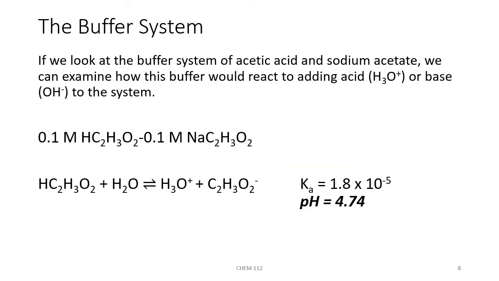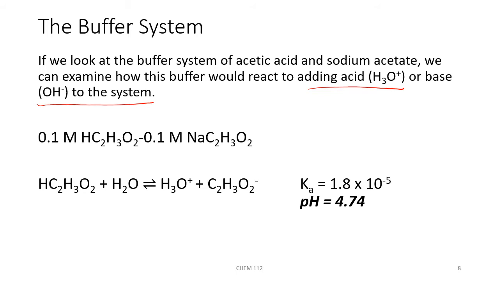We previously did a common ion problem where we had a solution of acetic acid that was made up in sodium acetate. Both of them were 0.1 molar. We could think about how this buffer system of acetic acid and sodium acetate would react if we added strong acid, any strong acid really, so we can just say H3O plus for short, or any strong base, so we can say hydroxide ion for short.